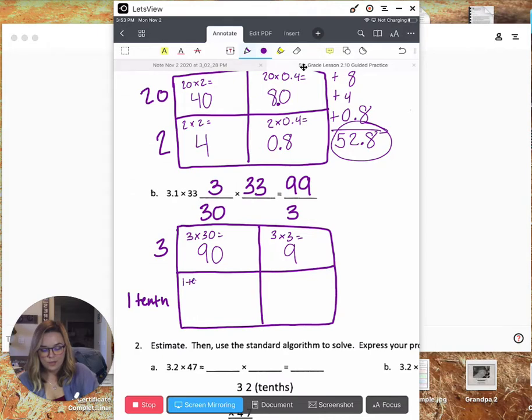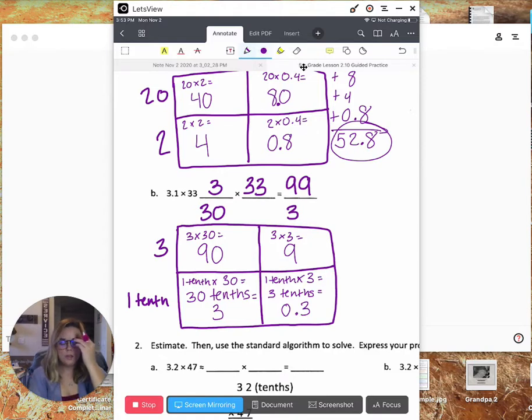And we have 1/10 times 30, which is going to equal 30/10. And 30/10 is equal to 3. And then 1/10 times 3 is going to be equal to 3/10, which if we write out in numbers is 0.3.